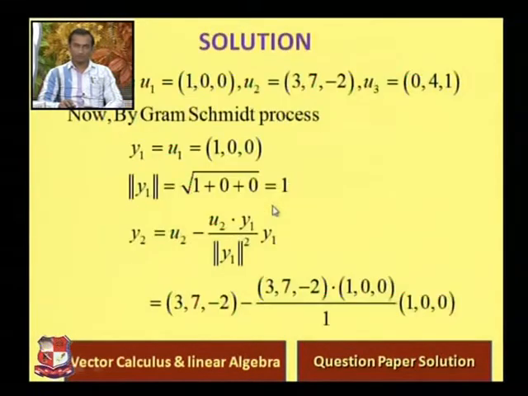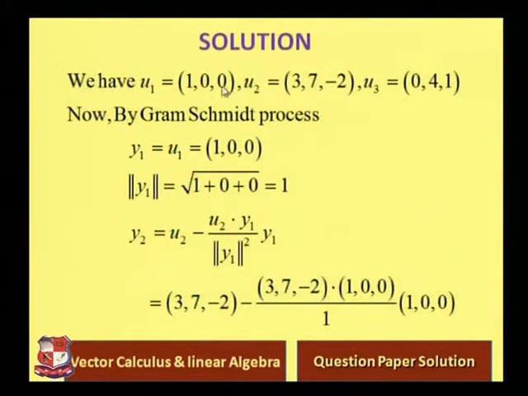So for the solution, given u1, u2, u3 as in the example, by the Gram-Schmidt process we first take u1 as any vector, consider y1 equal to u1, which is 1 0 0, and its norm is 1.